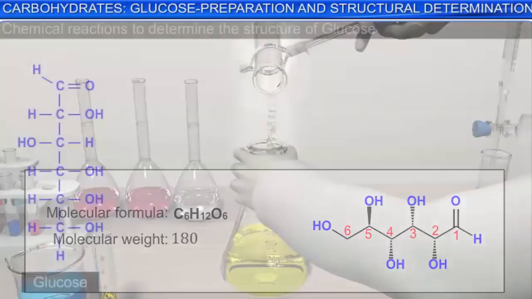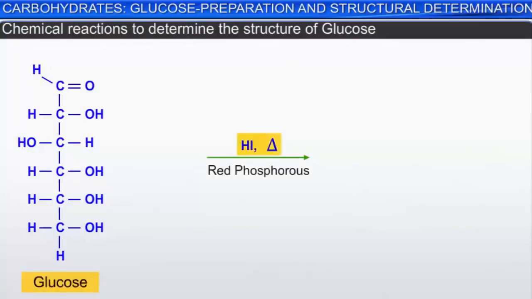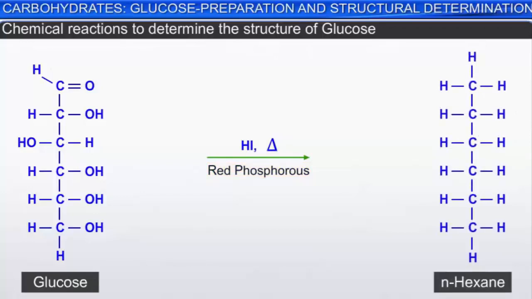For example, glucose on prolonged heating with hydroiodic acid in the presence of red phosphorus results in the formation of n-hexane. The formation of n-hexane indicates that all the 6 carbon atoms in glucose are linked in a straight chain.